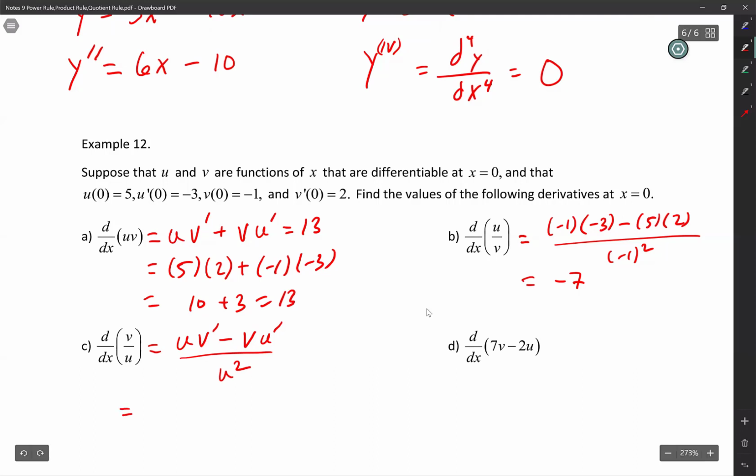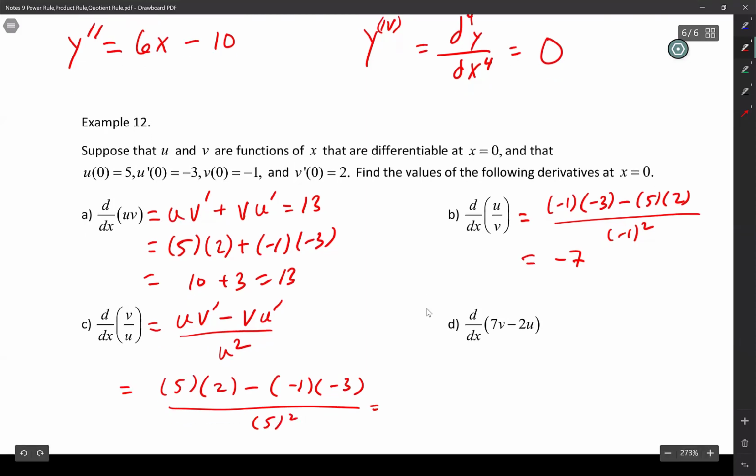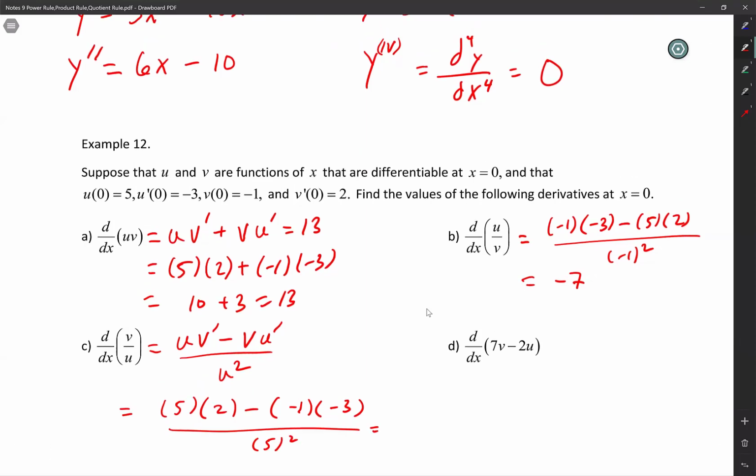So U is 5, V prime is 2, V is negative 1, and U prime is negative 3, over U, which is 5 squared. So we get, let's see, 10 minus 3, which is 7 over 25. Negative times the negative is a positive, but then I'm subtracting again, so minus 7.